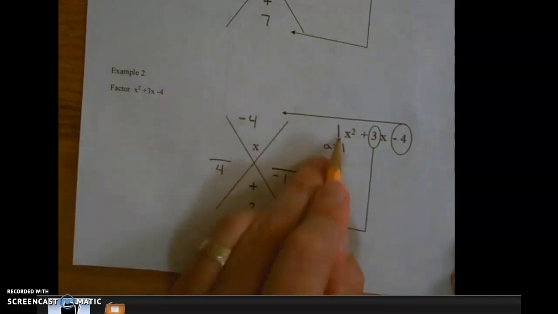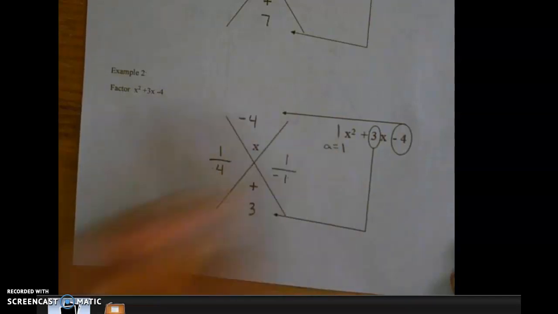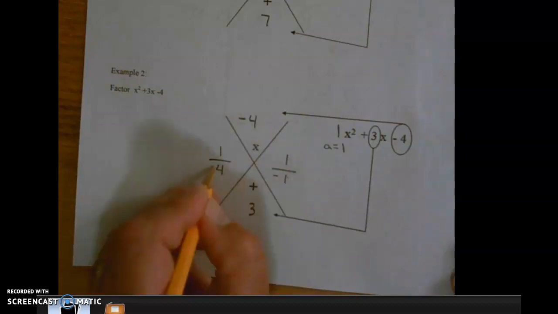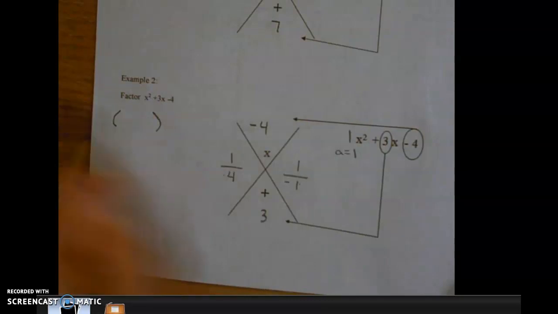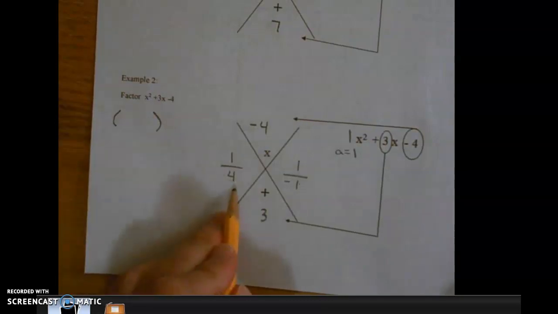All right, so now we're going to put our a value on top. Neither one can be reduced, so now we're ready to write our factors. So this one's going to be, that's right, the x goes with the top number, so 1x plus 4.